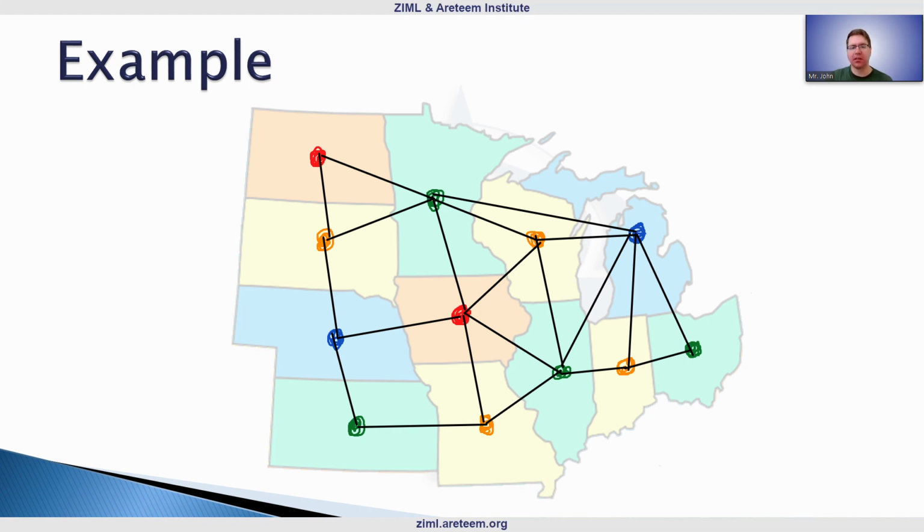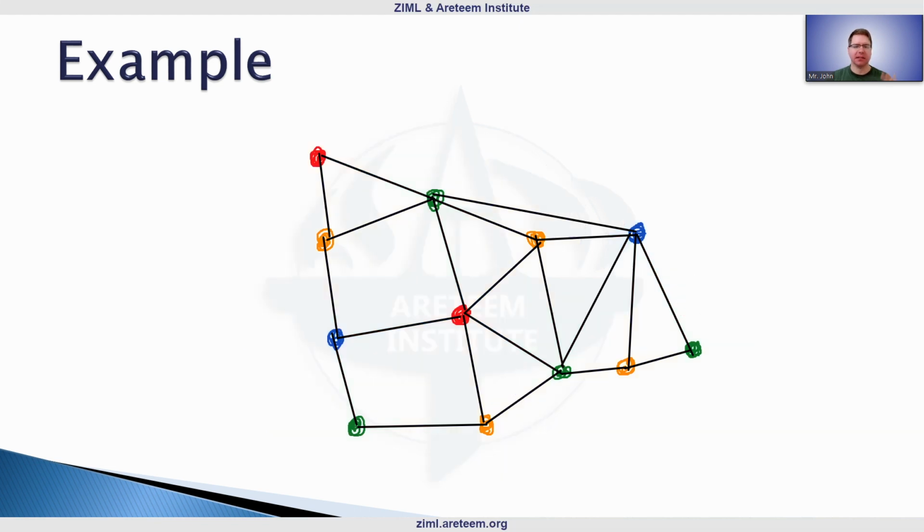Again, I'm going to show another example of this in just a moment. But I want you to realize at least that while a map might show us geography, a graph is more abstract. As far as the graph is concerned, we're just talking about these states as abstract things. Our graph is drawing where the states are connected to one another.